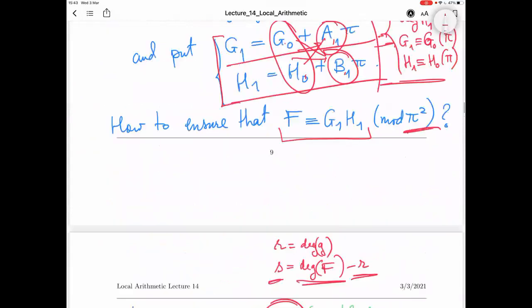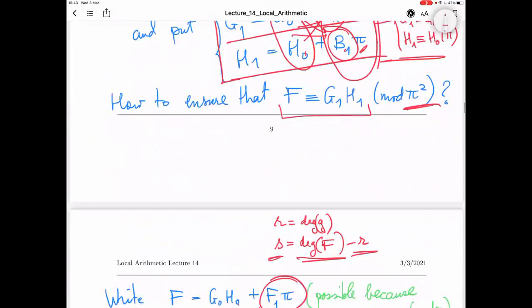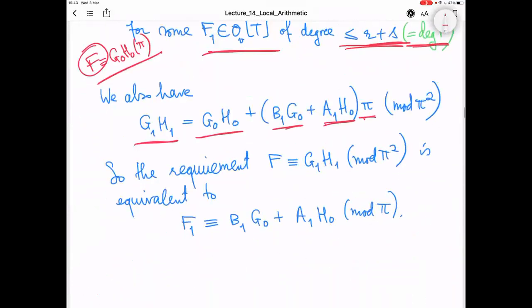This pi is there, here and here. And then there's going to be this term A1 B1 times pi squared, but I'm working modulo pi squared, so I don't write that term at all. That vanishes modulo pi squared.